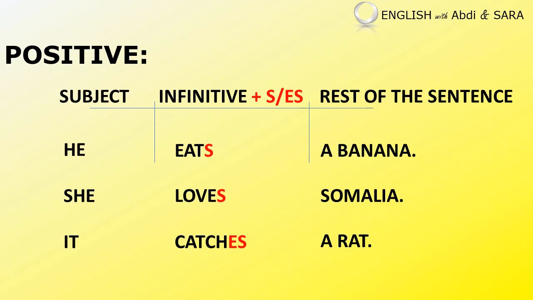It is a subject referring to animals or non-living things in English. Catch. The spelling of the word catch is C-A-T-C-H. Whenever a word ends in ch and you want to make it a singular verb, you must add es.